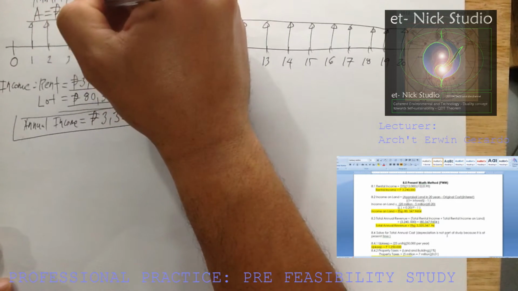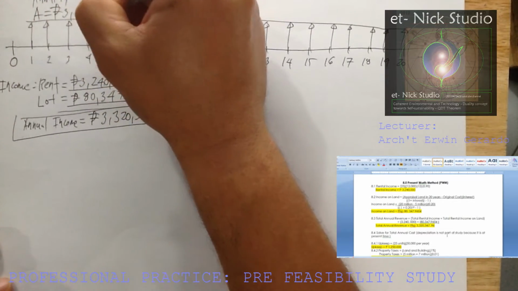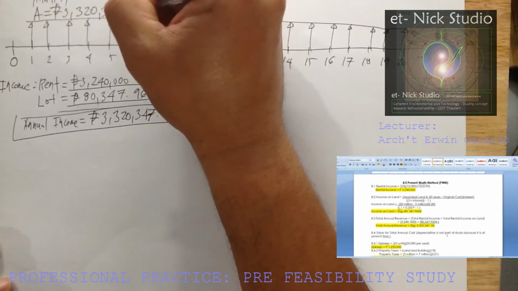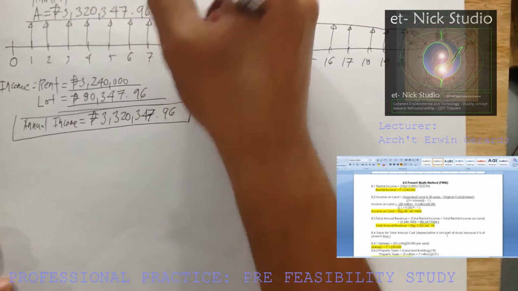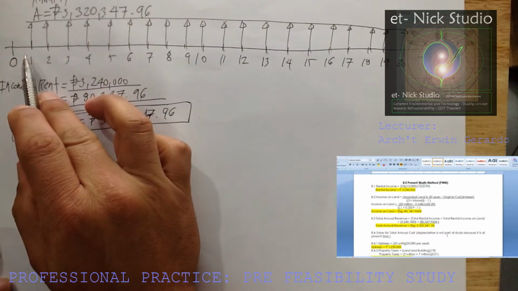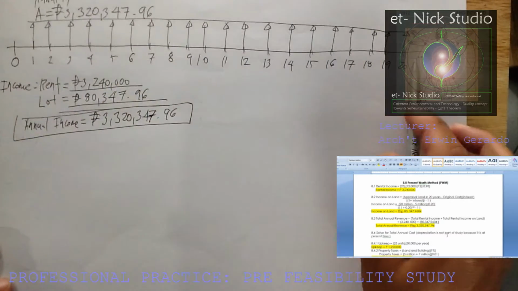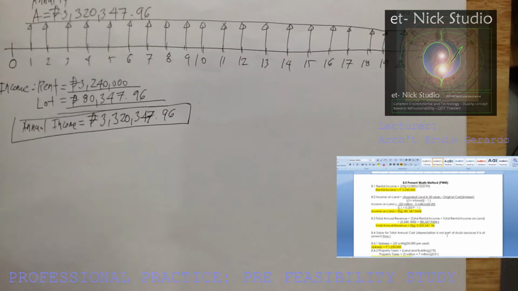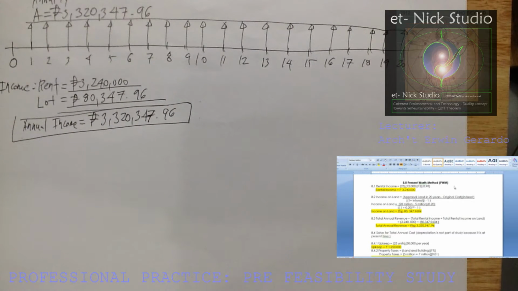We have 3,320,347.96 from the beginning of the period or first year up to the 20th year.